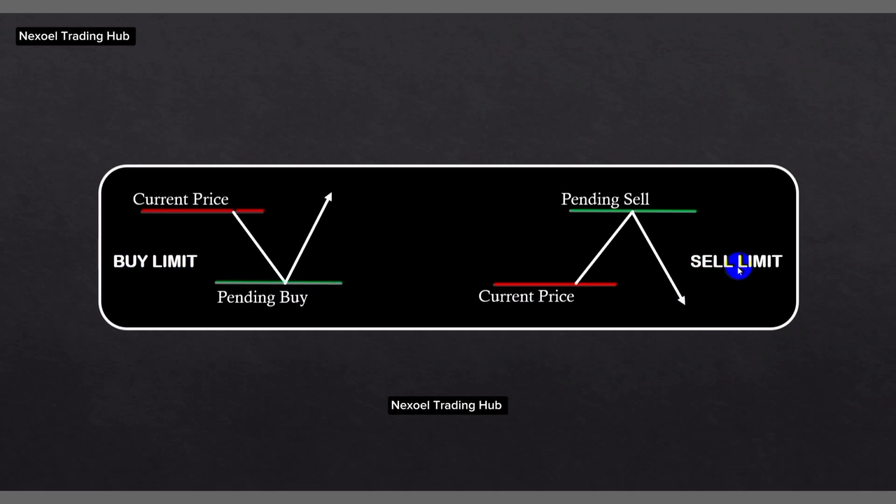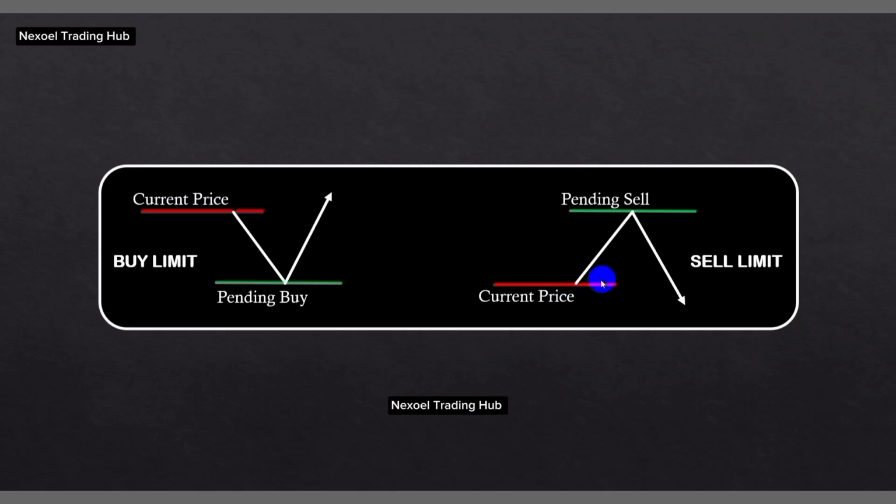Then for the sell limits, you set your order above the current price. So you can see this is where the current price is at, but you don't want to execute your trade here. Unlike the market execution, let's say you want to do a market order and price is at this current price, meaning you just execute immediately at this current price.